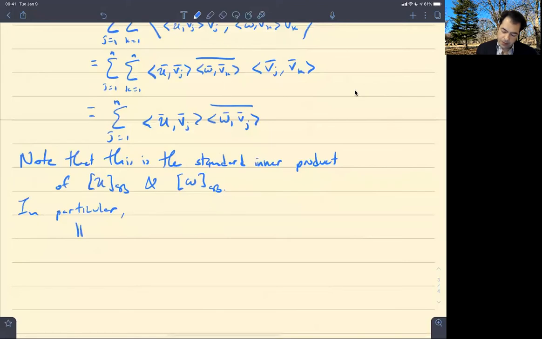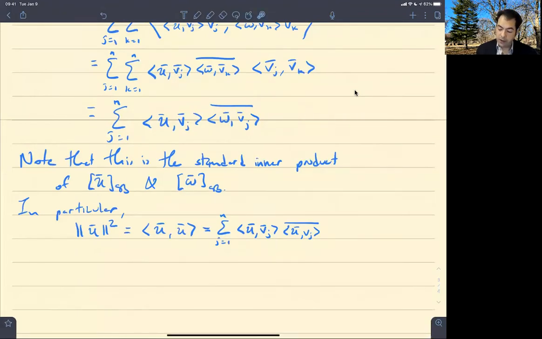The norm of a vector u squared, right? Remember, the norm by definition is just the inner product of a vector with itself, right? But the inner product of a vector with itself, well, we have a formula for that using the basis. The sum j goes from 1 to n of the inner product of u with vj times the inner product of u with vj conjugate, right? Okay, but now I have a complex number times its conjugate.